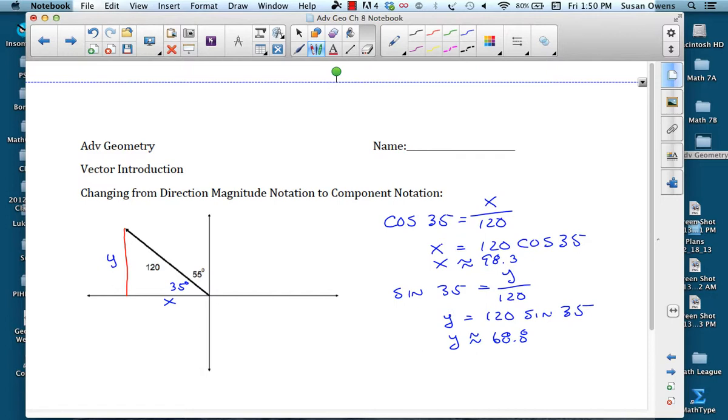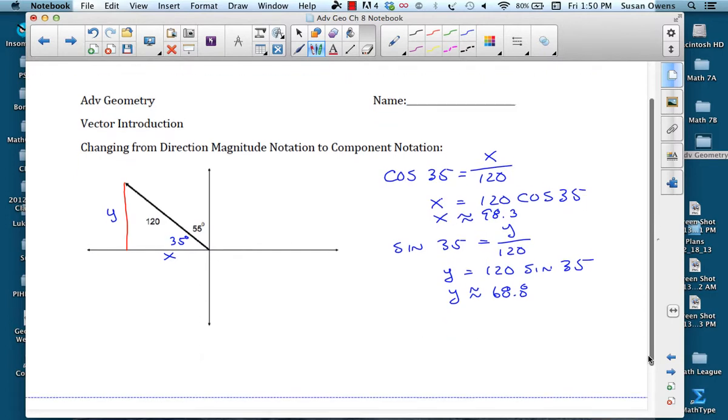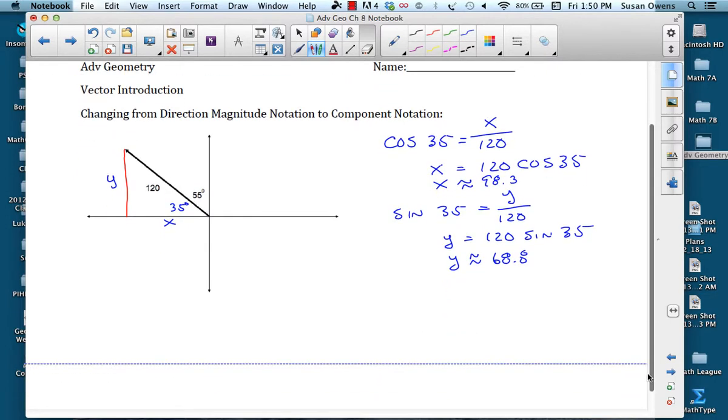According to this, my x and y coordinates are both positive. And your calculator is always going to tell you they're both positive. Yeah, Christine. X should be negative. So what I really need is negative 98.3 and positive 68.8.